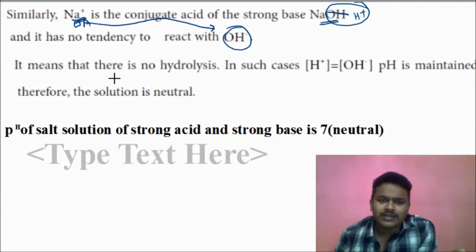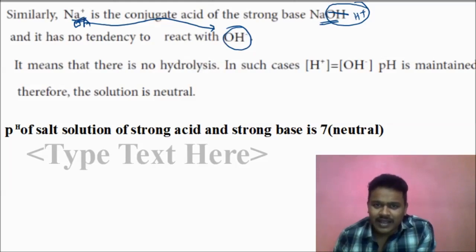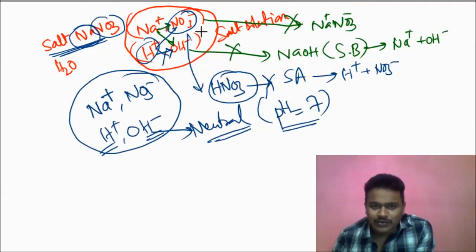It means that there is no hydrolysis. That means Na plus and OH minus are not reacting. H plus and NO3 minus are also not reacting, because the resultant product would be HNO3, which is a strong acid.